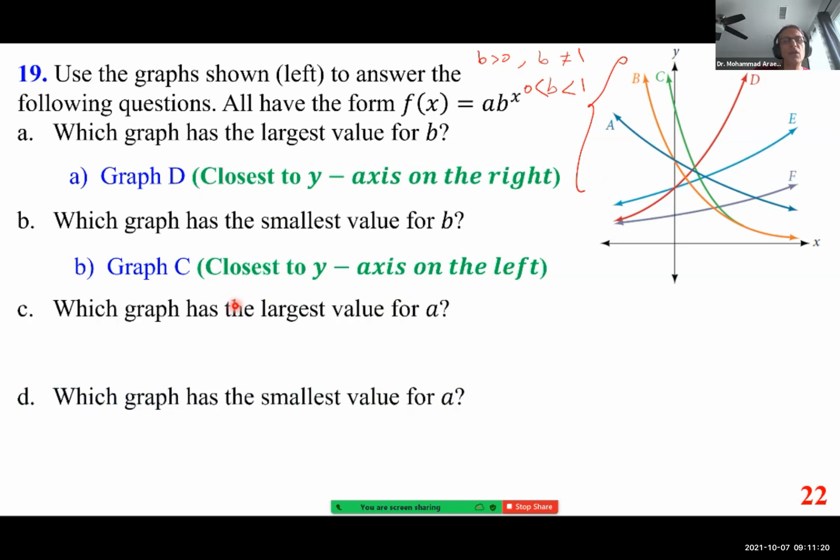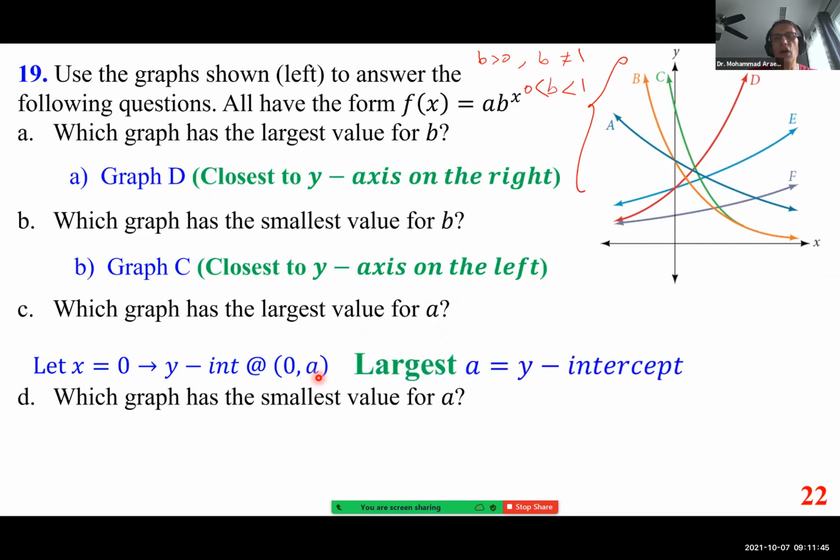Now, which one has the largest value for a? Which one has the smallest value for a? If you choose x to be 0, the answer becomes 0, comma a, which is the y-intercept. So 0, a is the location of the y-intercept.